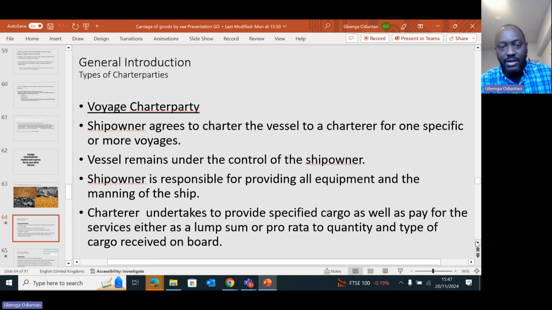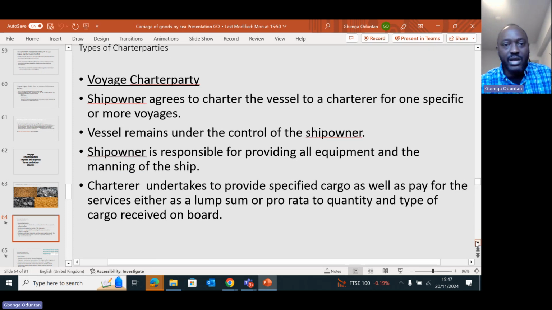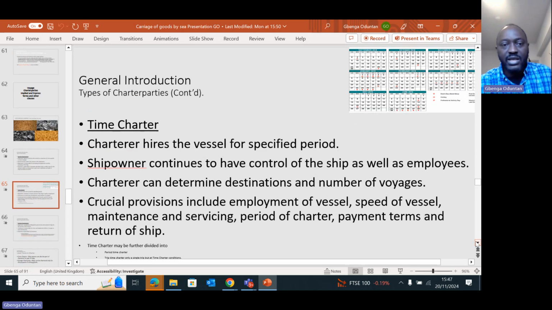On the other hand, the time charterer charters the ship for identifiable periods on the calendar. It could be for a number of years, it could be for a few months. It depends on what has been inserted on the face of the contract or what they've agreed to.